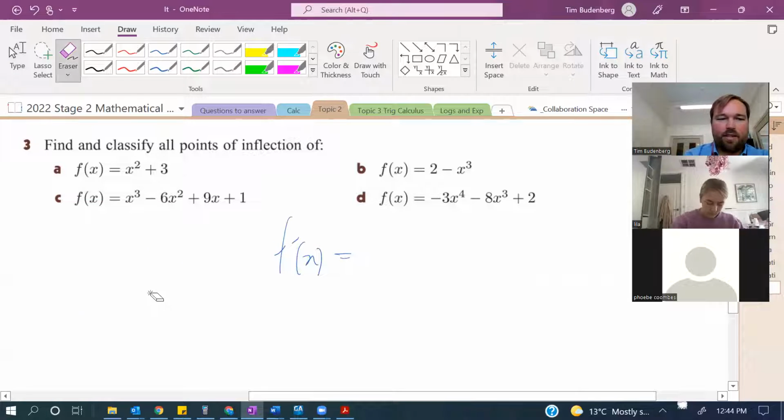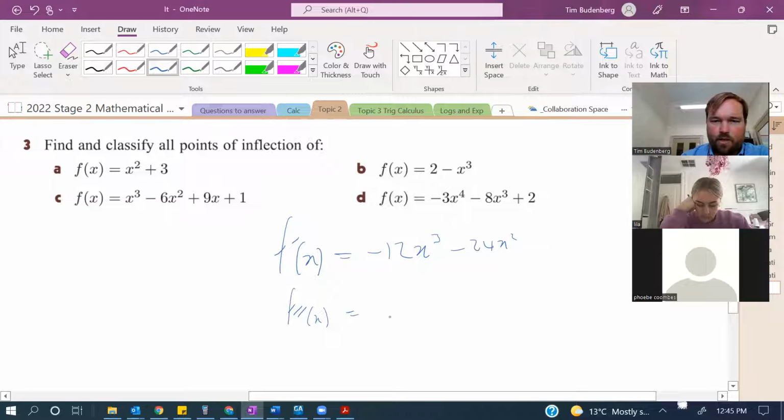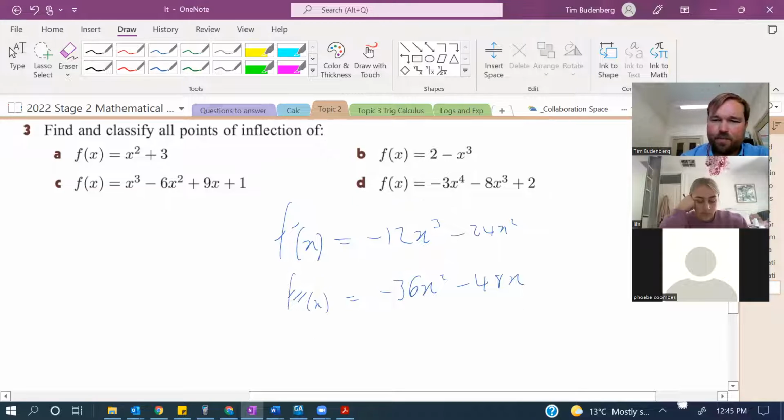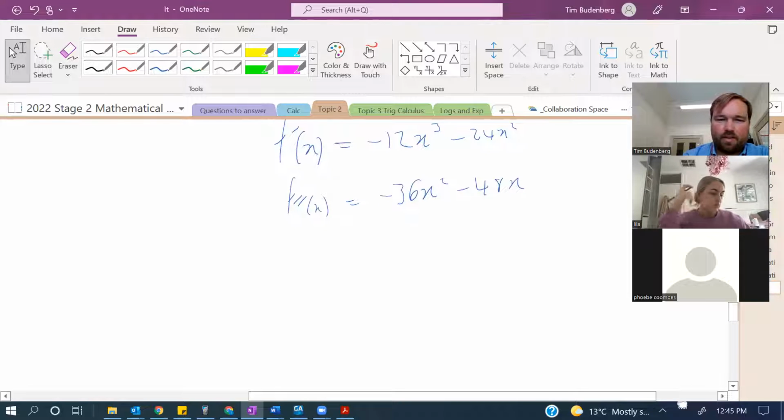So the first derivative is going to be minus 12x to the power of 3 minus 24x squared. And then the second derivative is minus 36x squared minus 48x. From here, you set that equal to 0. Any ideas how to go about solving?